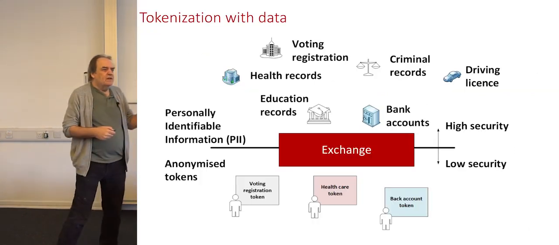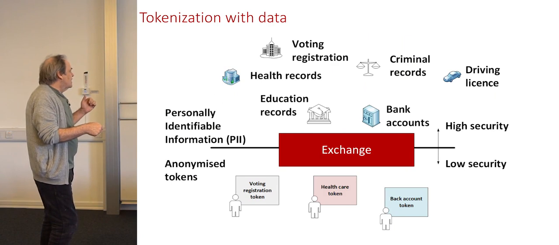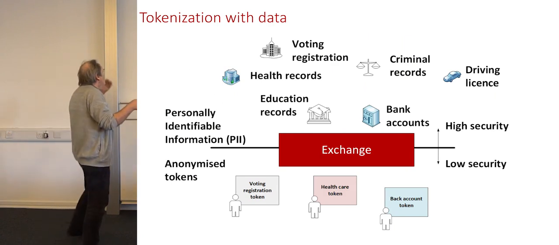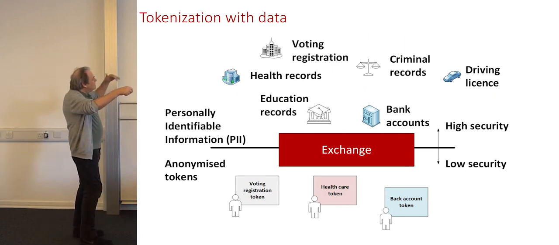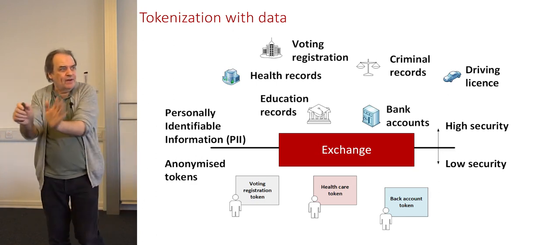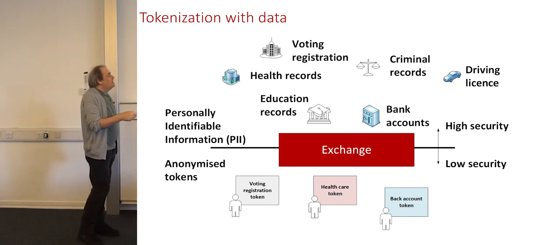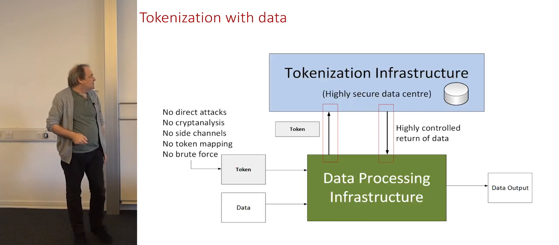And as we saw last week, what we're doing is increasingly using tokens. And the good thing with using tokens is that we can have our back-end infrastructure where we can keep all our personally sensitive information, our passwords and so on, behind some sort of exchange.